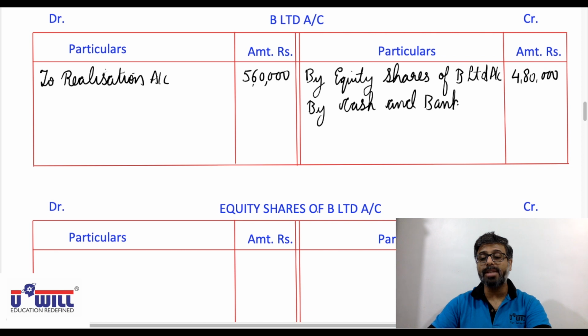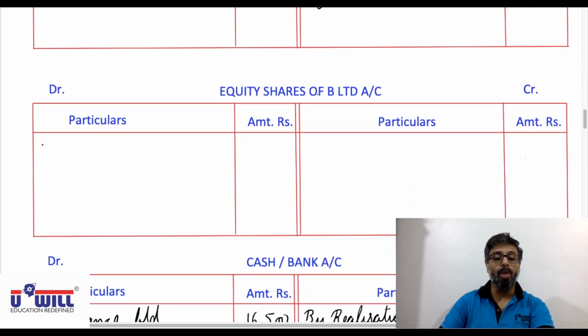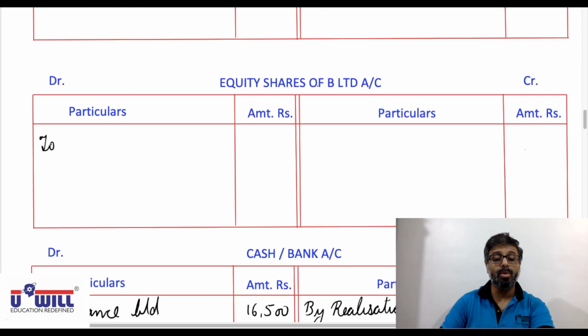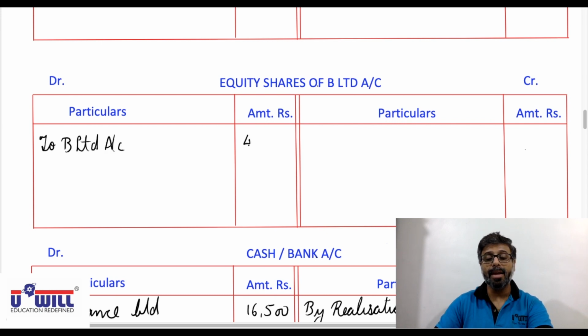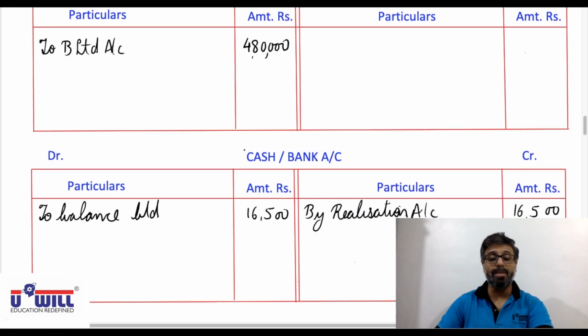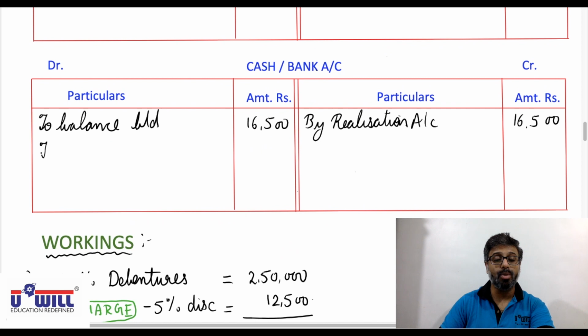Now equity shares of B Limited account debit, so in equity shares of B Limited account on the debit side, to B Limited account 4,80,000, and again cash and bank account debit, so cash and bank account debit side to B Limited account 80,000.